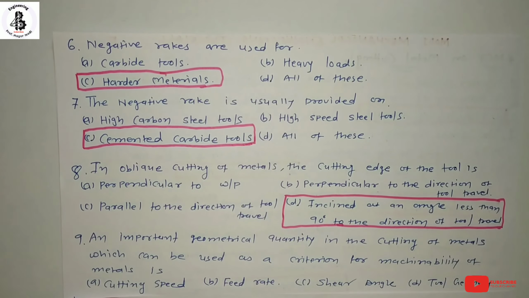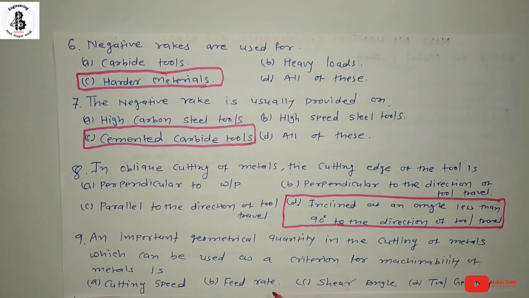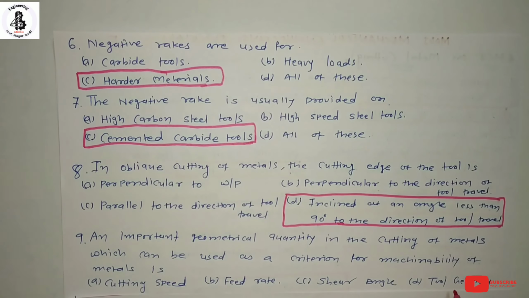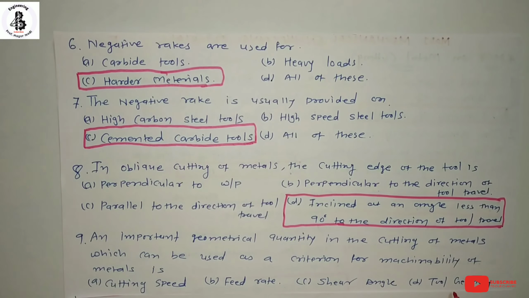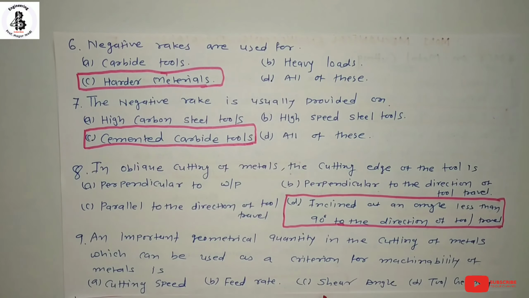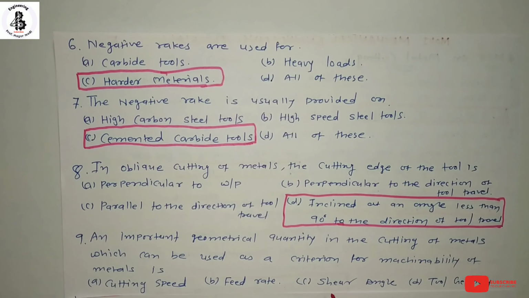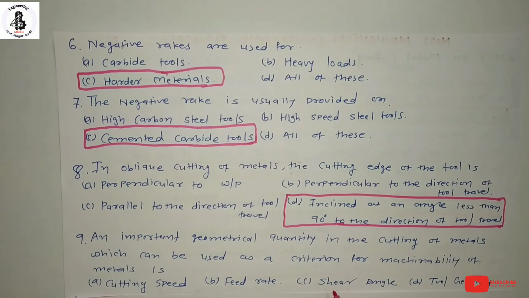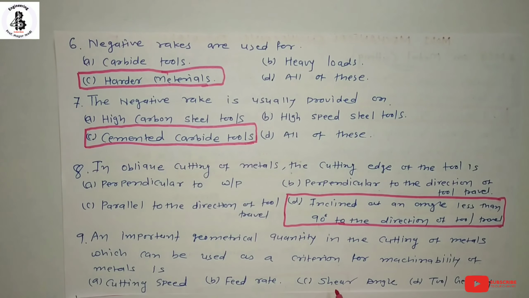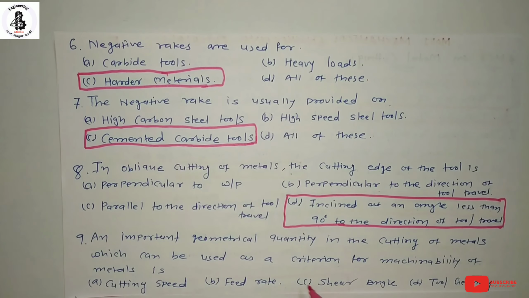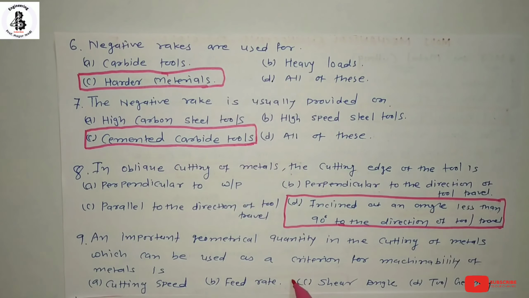Cutting speed, feed rate, and tool geometry are parameters. But the shear angle is an important geometrical quantity in the cutting of metals which can be used as a criterion for machinability. So option C, shear angle.